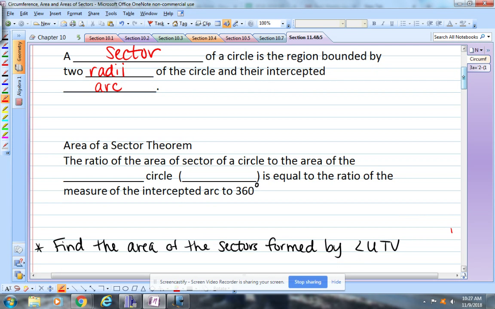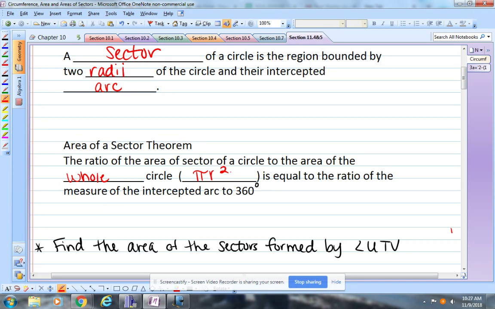All right. So the area of a sector theorem is the ratio of the area of a sector of a circle to the area of the whole circle, which is pi r squared, is equal to the ratio of the measure of the intercepted arc to 360.